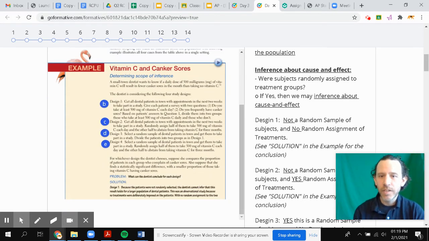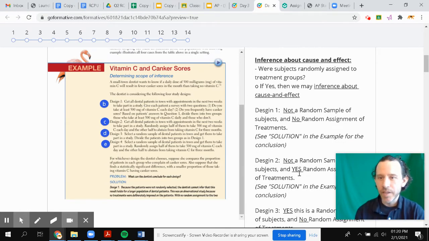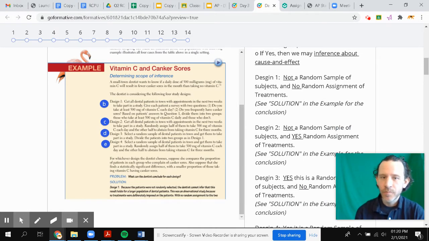Okay, so let's take a look at design 2. It says, get all dental patients in town with appointments in the next 2 weeks to take part in the study. Randomly assign half of them to take the vitamin C and the other half to not. So we have the same sample, meaning the sample was not random. It was just the 2-week people. But we do have a random assignment of treatments.